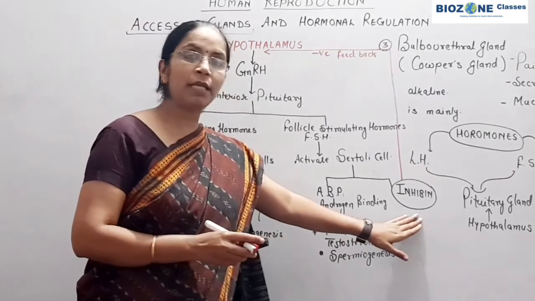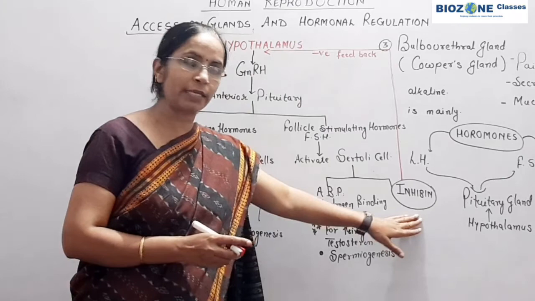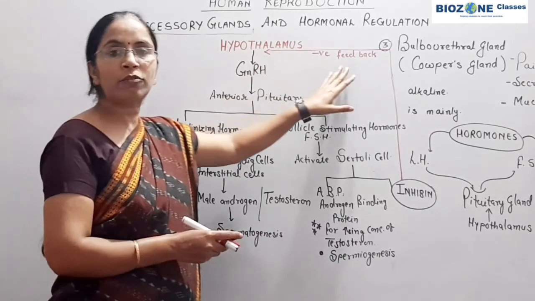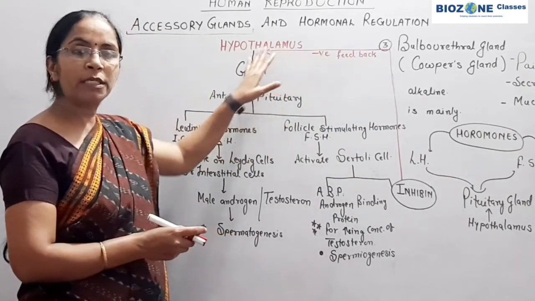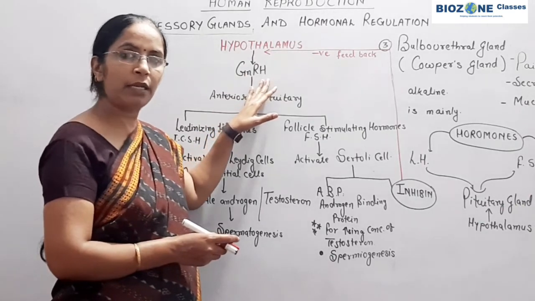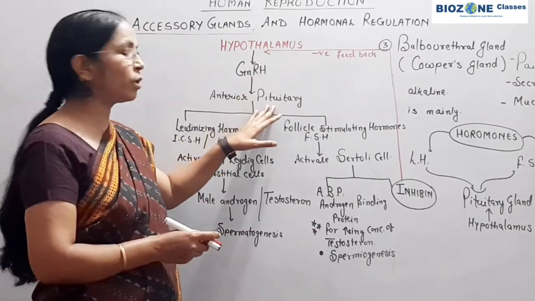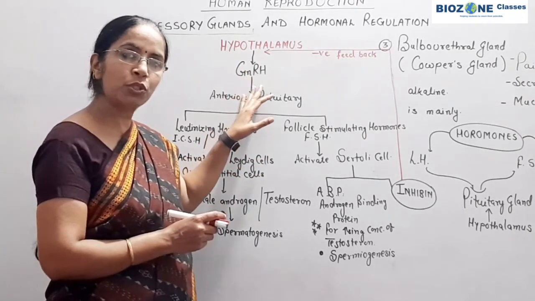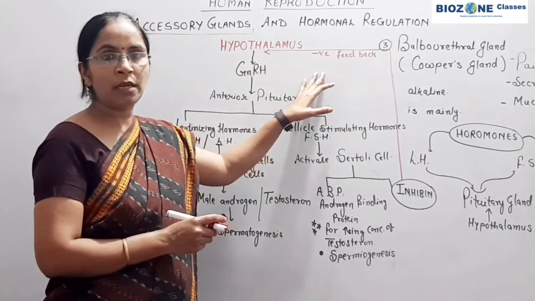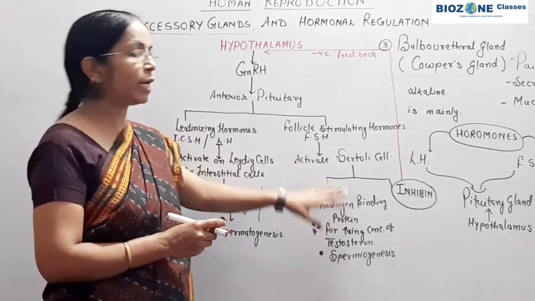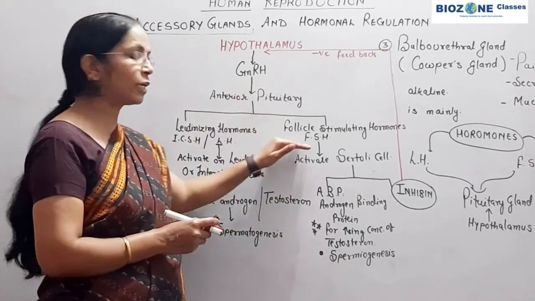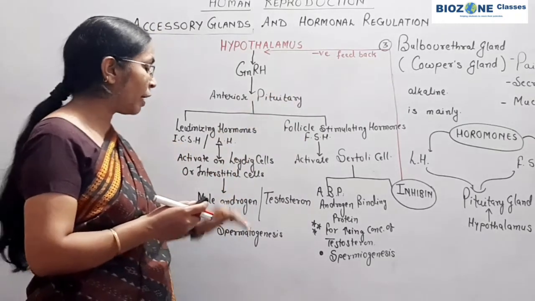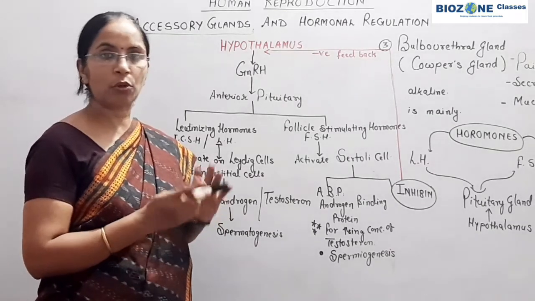After that, inhibin starts to be released by the Sertoli cells, and this inhibin gives a message to the hypothalamus. So in response to negative feedback, the hypothalamus stops releasing gonadotropin releasing hormone. Because of that, the pituitary gland stops taking messages from the hypothalamus, and in response to the negative feedback of inhibin, one of the hormones of Sertoli cells, the secretion of LH and FSH is stopped, and because of that the entire process of spermatogenesis is automatically stopped.